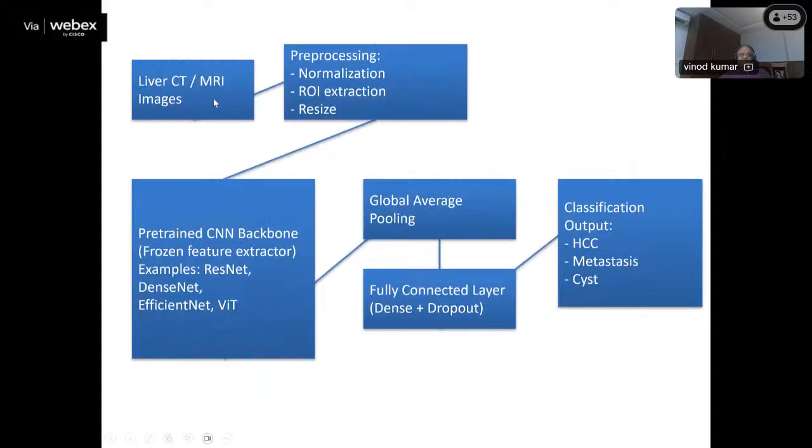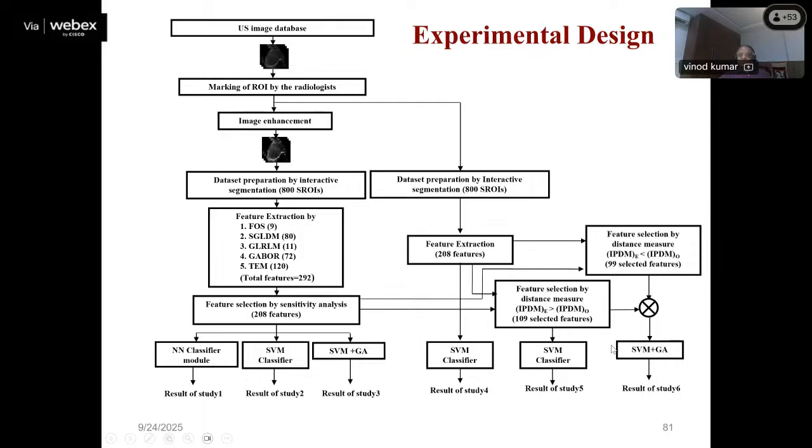So basically: liver CT images, then pre-processing, then pre-trained CNN, global average pooling, fully connected network, then classification. So I have discussed with you the first experimental setup where 6 studies were done.